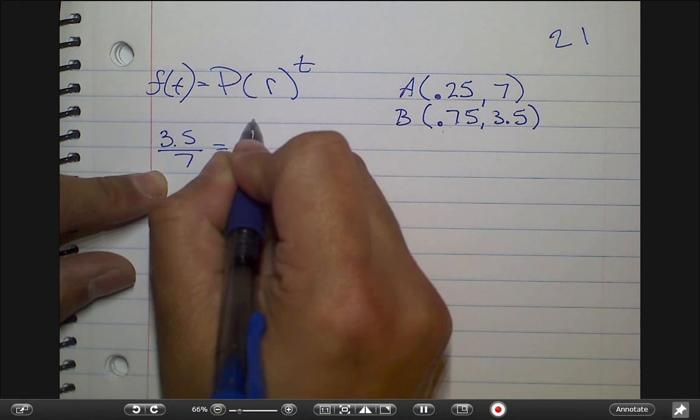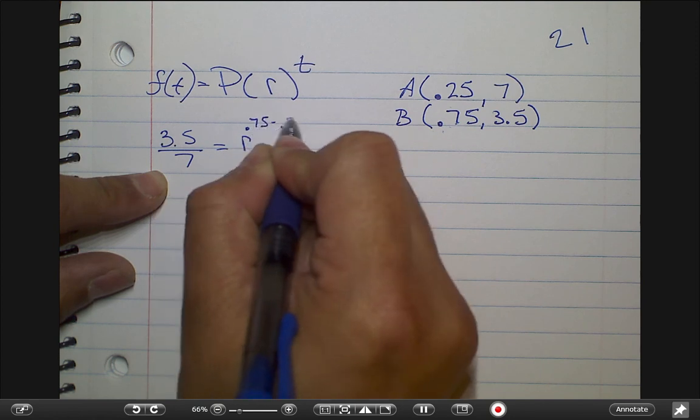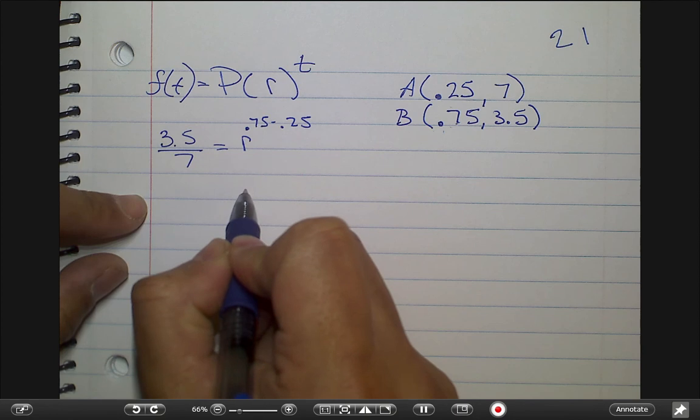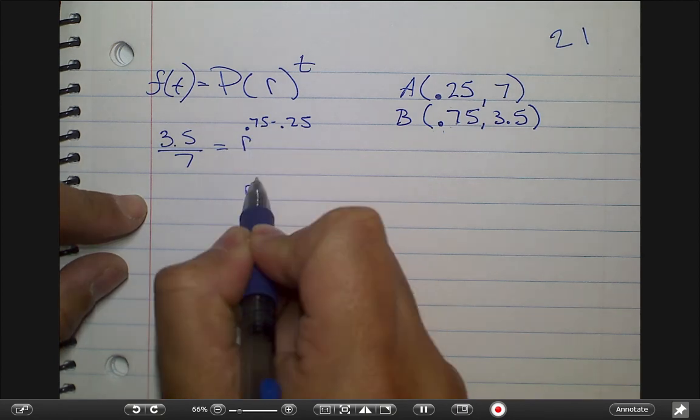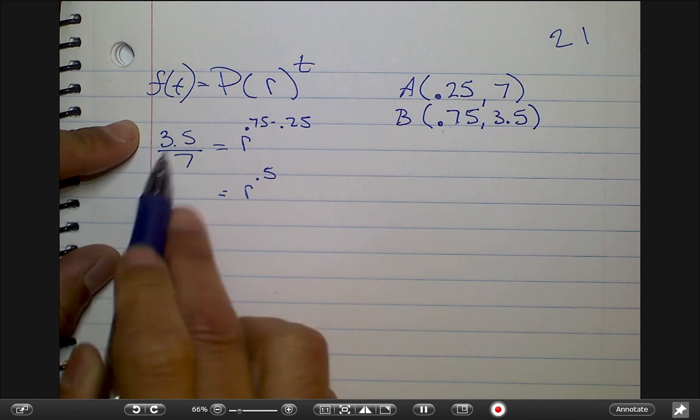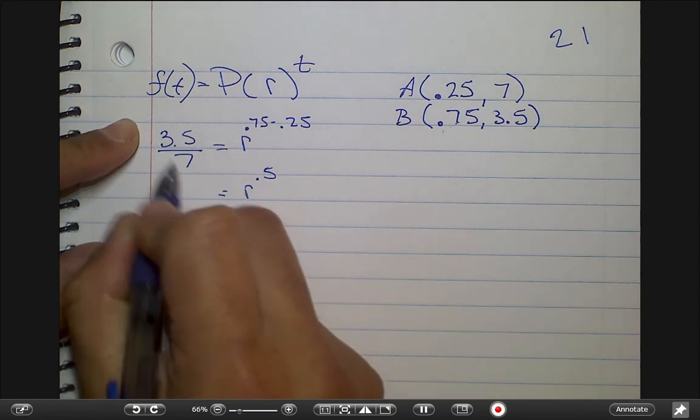So 0.75 minus 0.25. So that gives me R to the 0.5 is equal to this over this, which is 1/2.